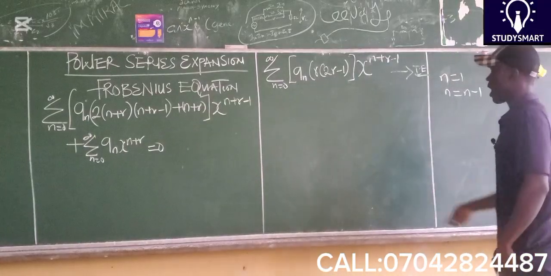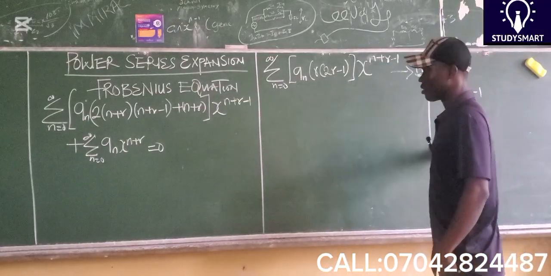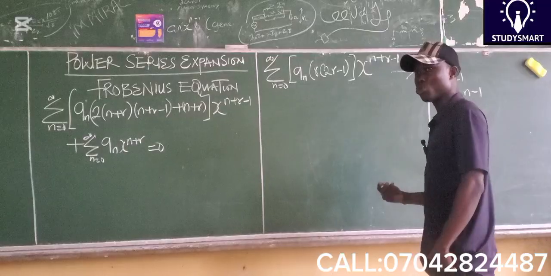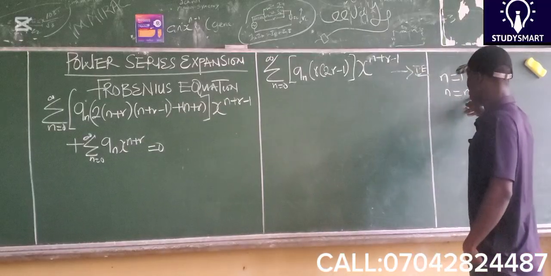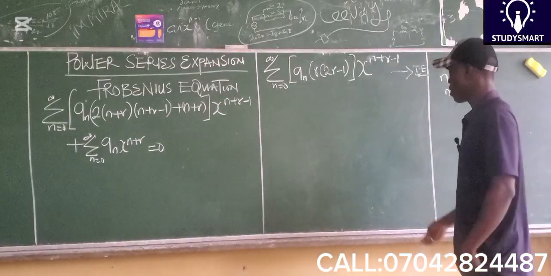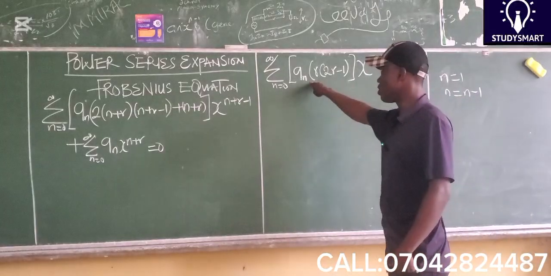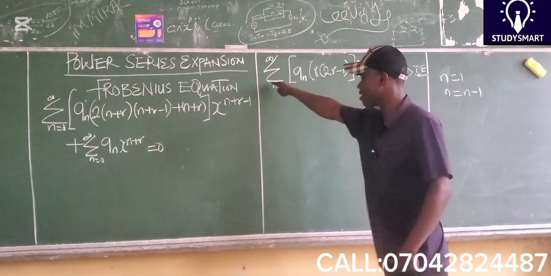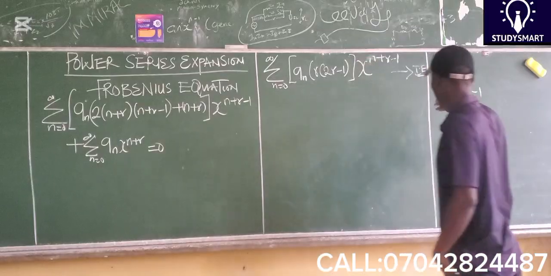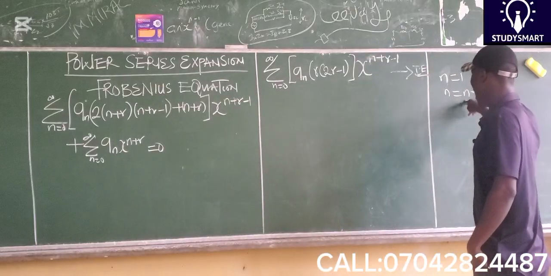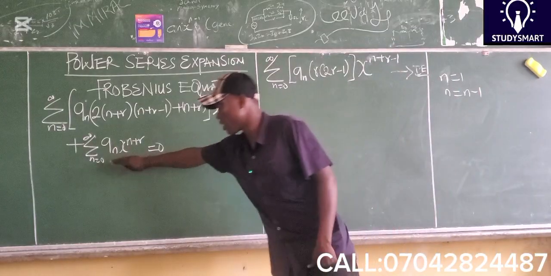Where I substitute n equal to 1 is different from where I substitute n equal to n minus 1. I'm going to substitute n equal to 1 into the series of the initial equation. Then I'm going to substitute n equal to n minus 1 here into the last term.